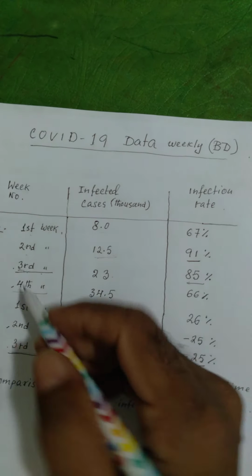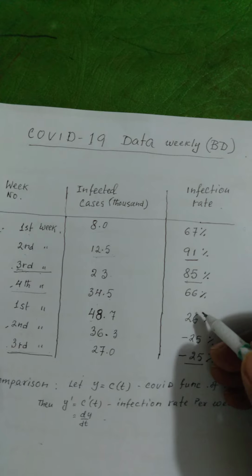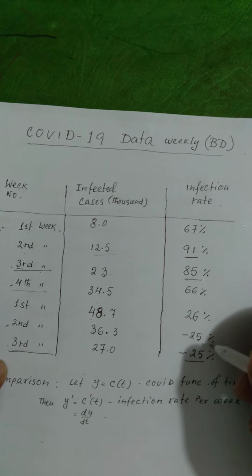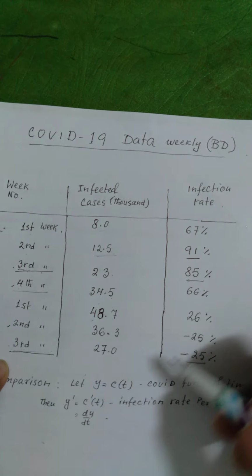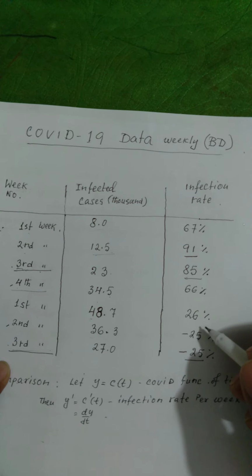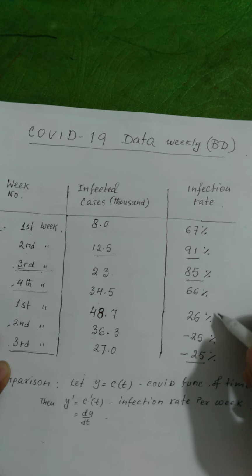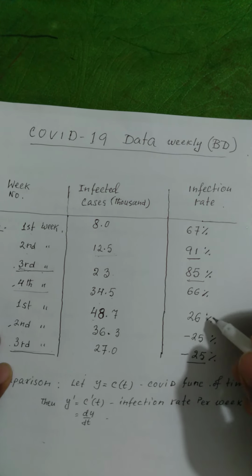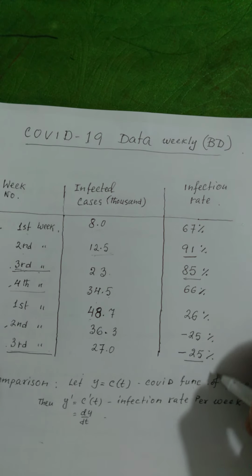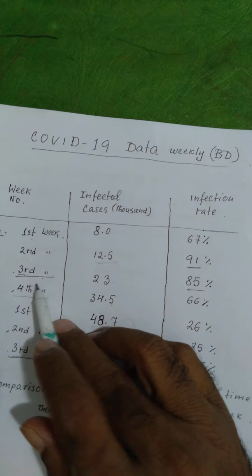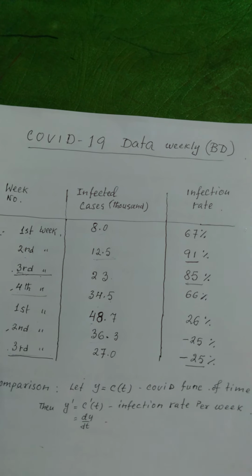Here we can see the COVID situation is getting better in April, first, second and third. From the second week, or from the third week, we can see the infection rate decreases. Even from March third week, infection rate decreases.